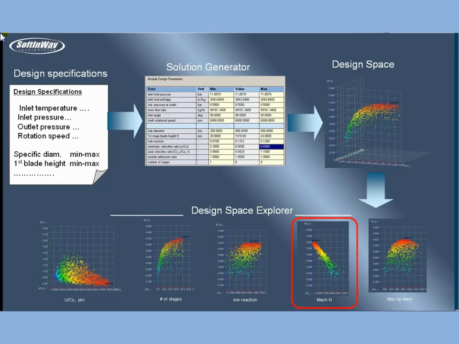Efficiency versus maximum Mach number. Efficiency versus tip diameter. An additional feature of the Design Space Explorer is the ability to validate a selected solution with the direct task immediately in design space. This way the user can find and choose an optimal solution at this early phase of the design process.